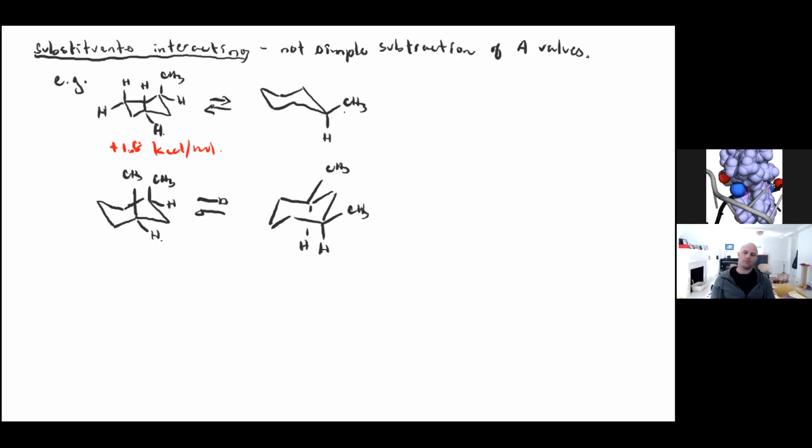There's a very bad steric interaction between these two methyl groups, also with the remaining axial hydrogen. But that interaction is worth more than just two A values. I keep saying A13, I'm sorry, that's a totally different steric interaction. Two A values of the methyl group, and so this is uphill by about 5 kcals per mole.